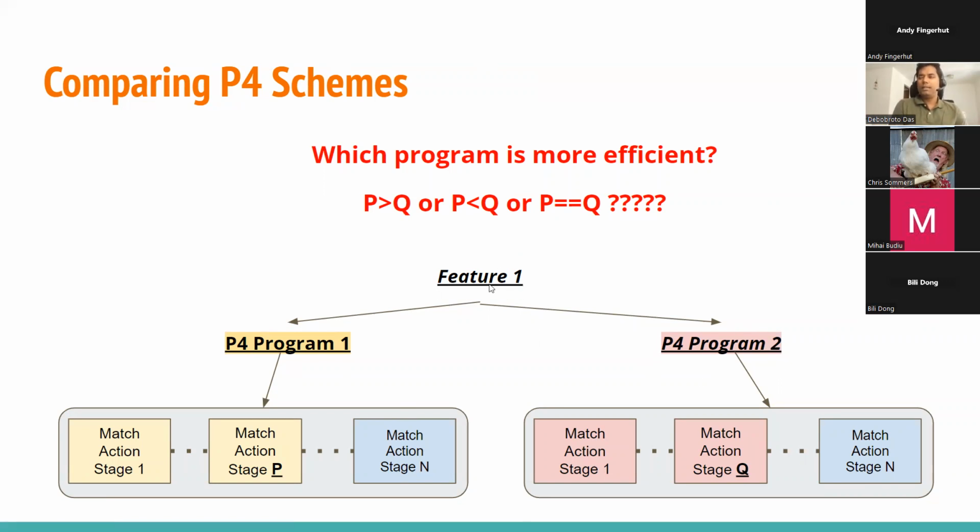They're implementing the same feature, but program 1 needs P match-action stages and program 2 needs Q stages. Of course, if P is less than Q, then program 1 is much more efficient. So in that case, how can we compare the efficiency of different P4 schemes? We also want to know that. That's not possible to know with a BMV2 backend.